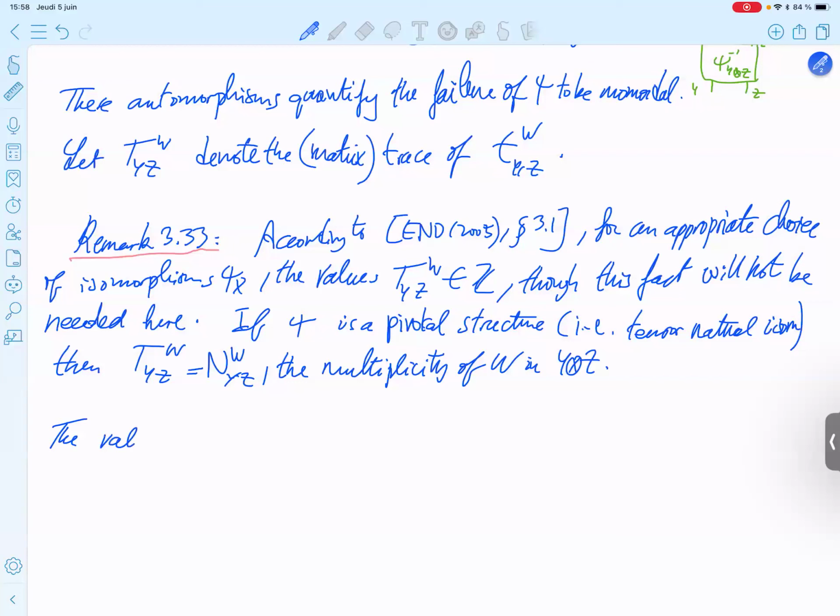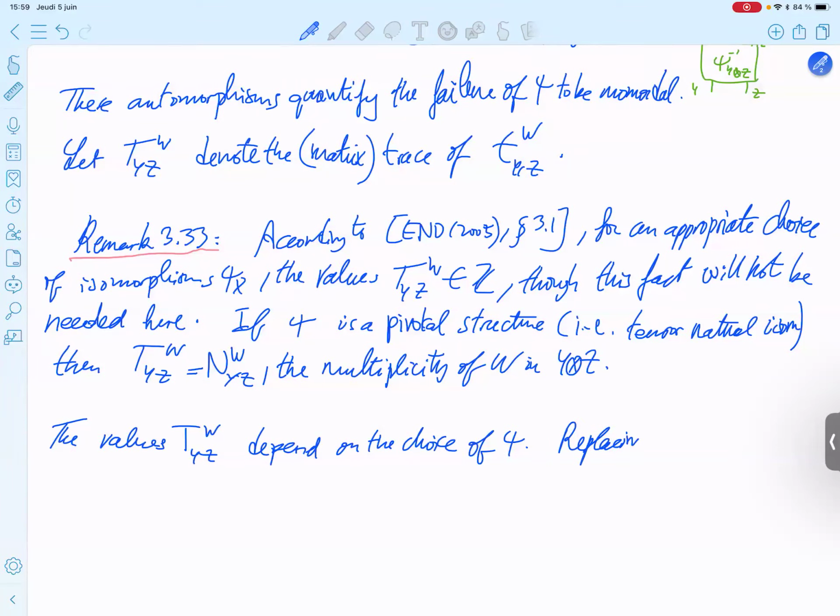So the value T_{Y,Z}^W depends on the choice of the natural isomorphism phi.